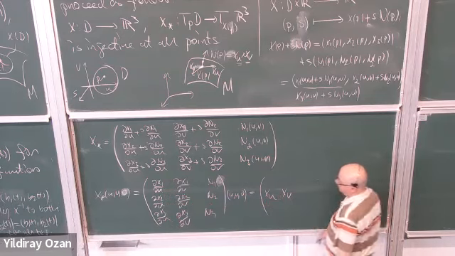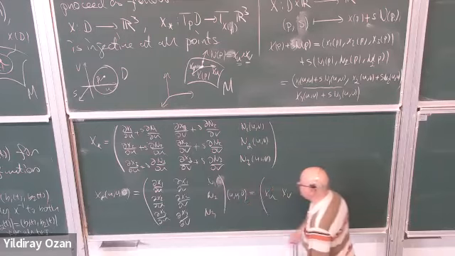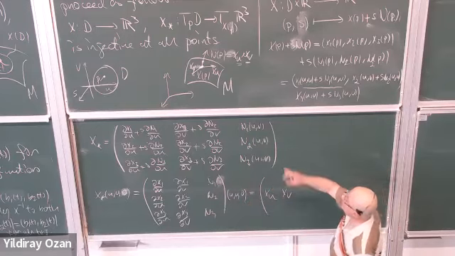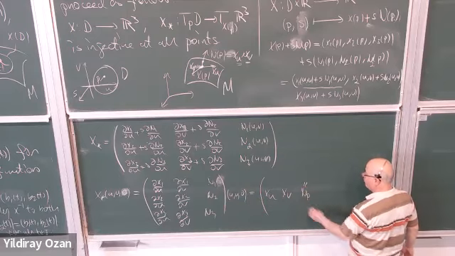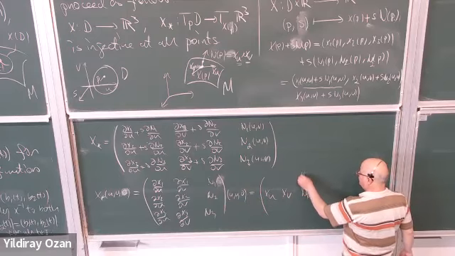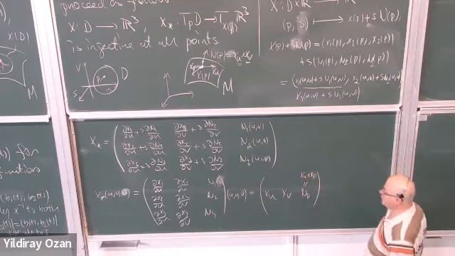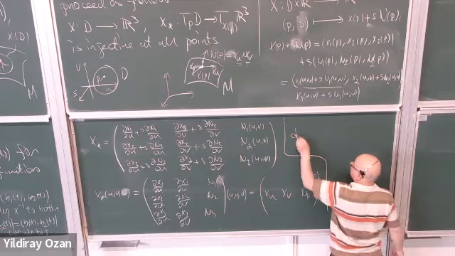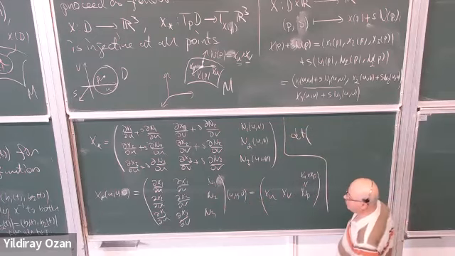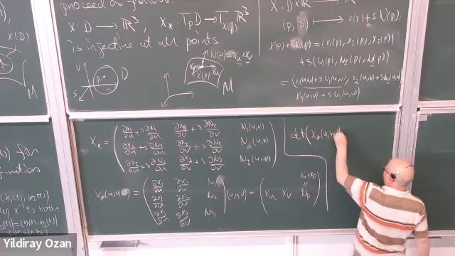The second column is the derivative of x with respect to v, and the third column is the normal vector to the surface. But what is the normal vector? This is just x_u cross x_v. And when you take the determinant of this, what is the determinant of this? So x star at uv0.